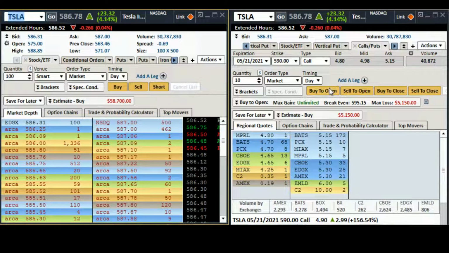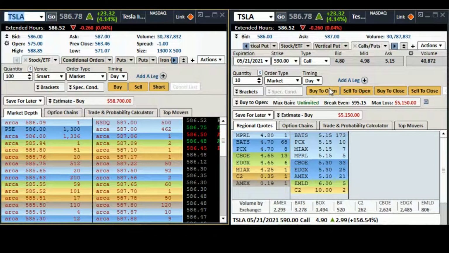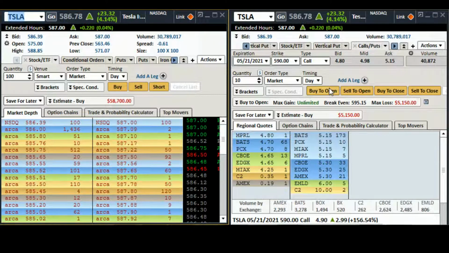When I'm expecting really small moves, if there's this little name that doesn't move a lot, I'm probably going to go with common stock. If I'm trading a name that can move, Tesla, Amazon, 150 other names, I'll usually try to lean towards the options. Sometimes certain options have personalities.